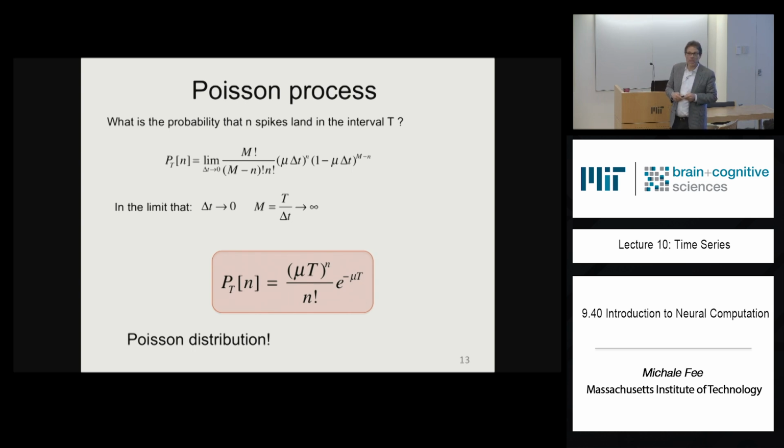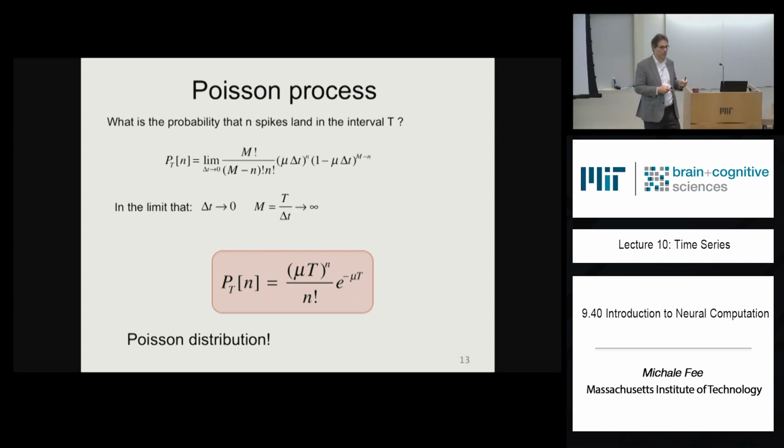It comes from a very simple assumption, which is just that spikes occur independently of each other at a rate mu spikes per second, with some constant probability per unit time of having a spike in each little time bin.